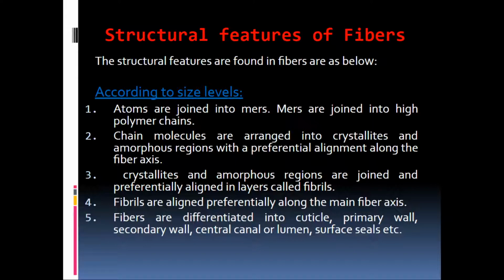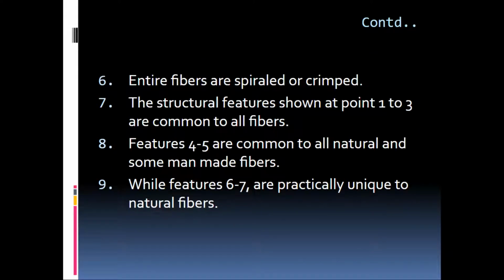Crystallites and amorphous regions are then joined and preferentially aligned in layers that are called fibrils. And now these fibrils are aligned preferentially along the main fiber axis. Now the fibers are differentiated into cuticle, primary wall, secondary wall, central canal or lumen, surface seal, etc. And then the entire fibers are spiraled or crimped.